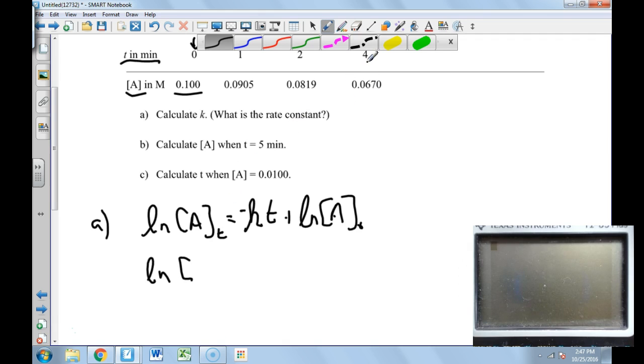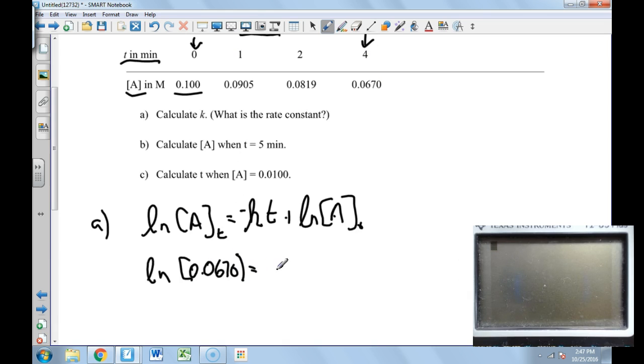Okay, so at time t, the concentration is 0.0670 equals negative k, and that's what we're solving for, and the time is going to be 4, plus the ln of 0.1, because the concentration at time 0 is that.